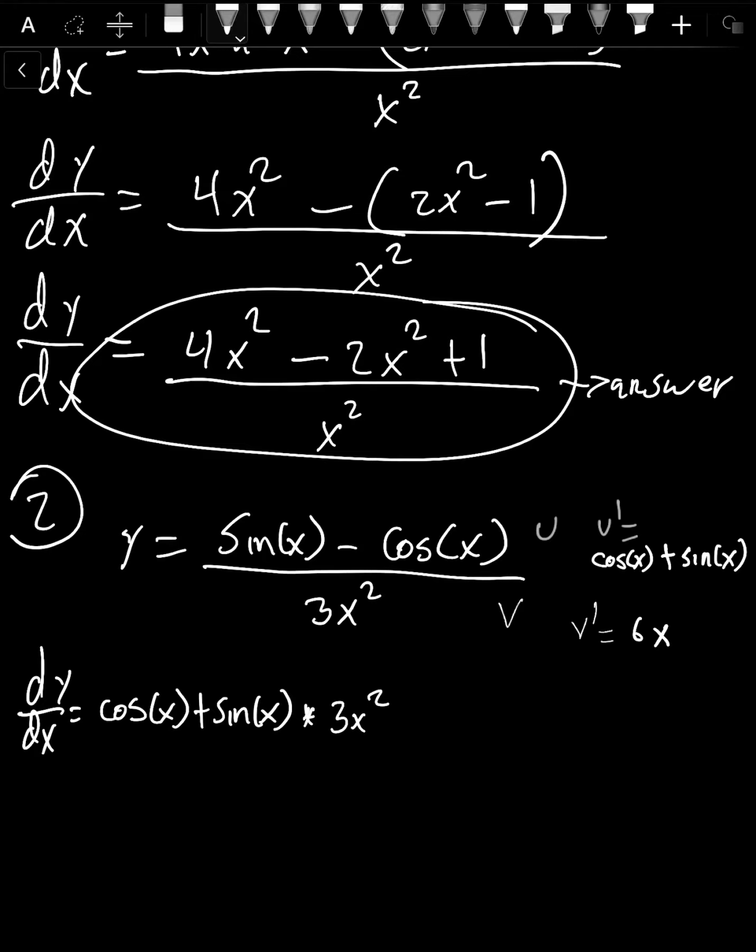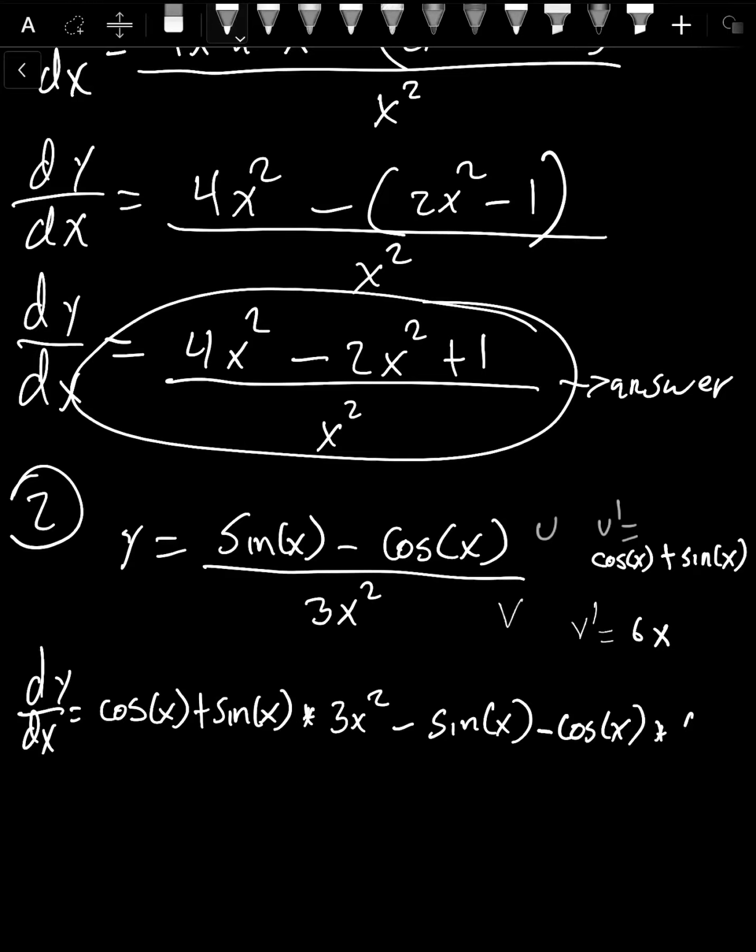Or 3x squared, right? And then minus our u term, which is going to be minus our sine of x minus cosine of x, right?